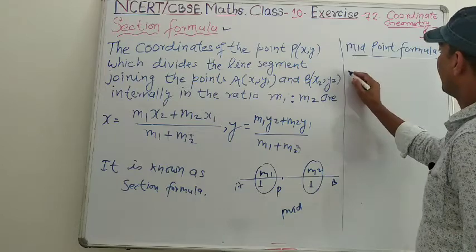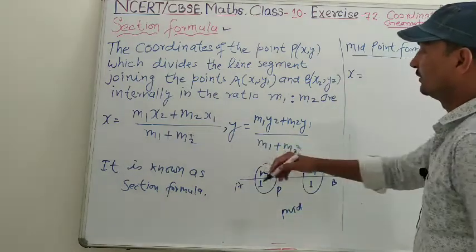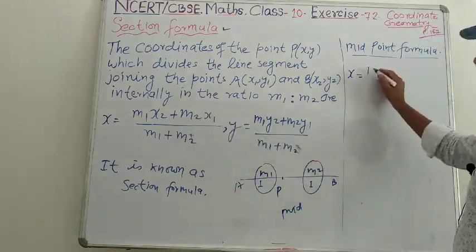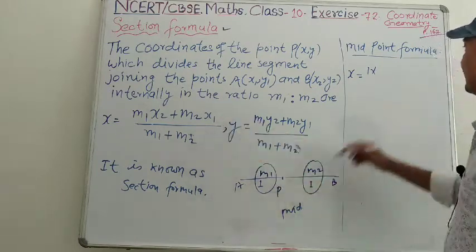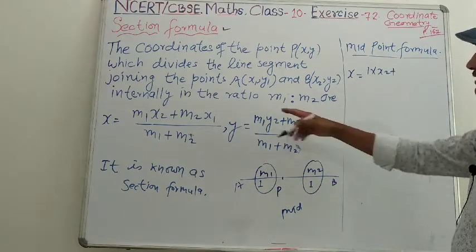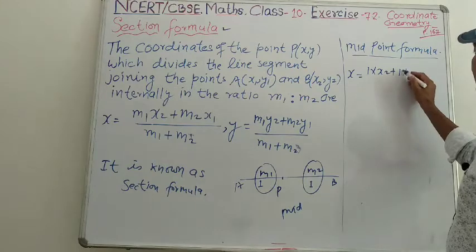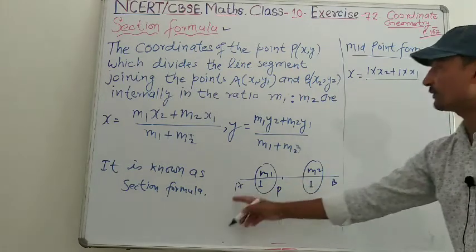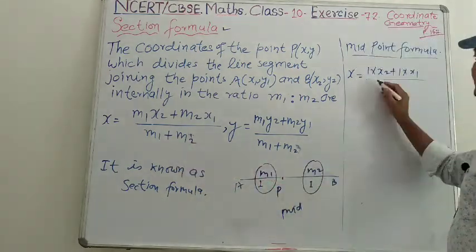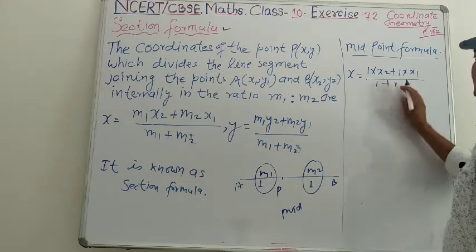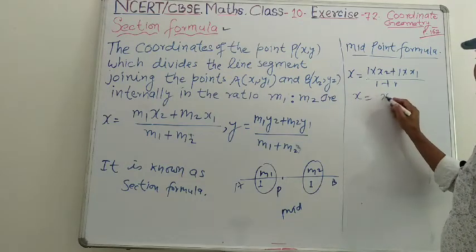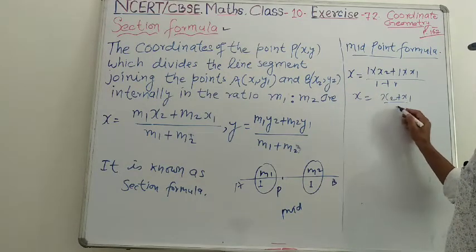So for the midpoint formula, if we put in the section formula m1 is 1, x2 is the same, plus m2 is 1 and x1, by m1 plus m2. m1 is 1 here, m2 also 1. So we can get x is equal to x2 plus x1 by 2.